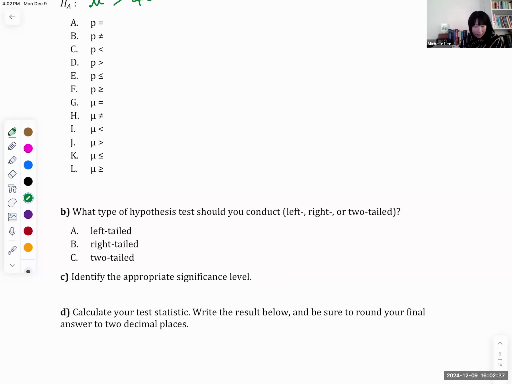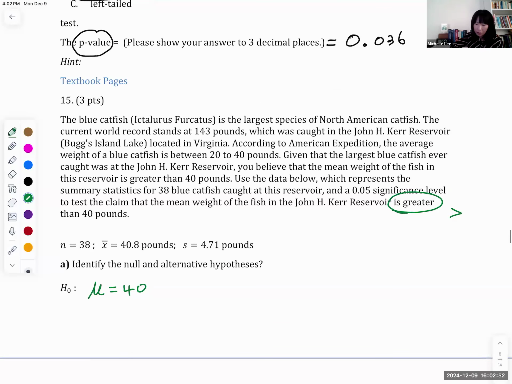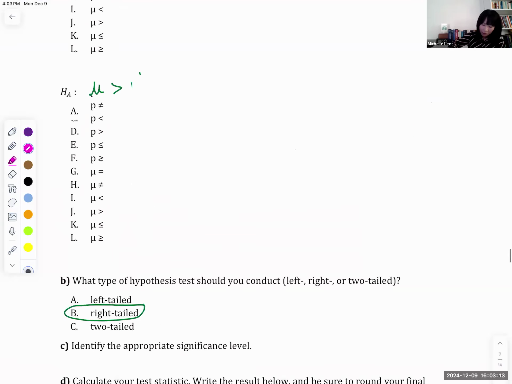Okay, what type of test? Left tail, right tail, two tail. B, right tail, right? Very good. Significance level. Can you please read what the significance level is there? 0.05. That is the significance level, alpha, right? Okay, so 0.05.